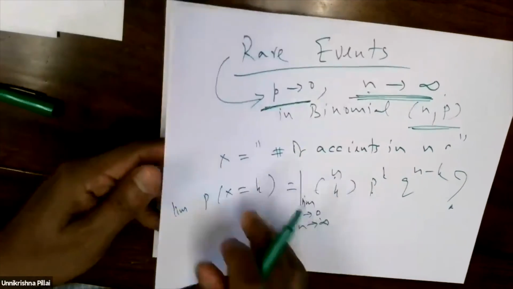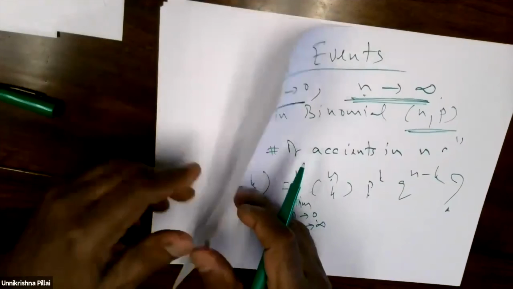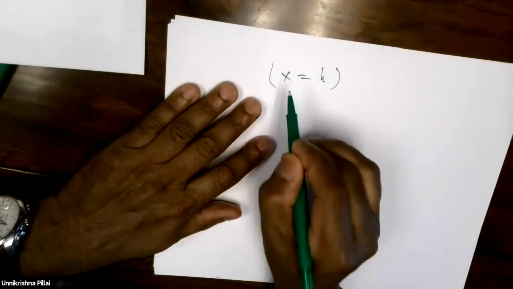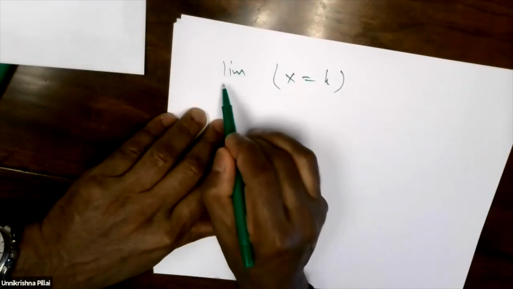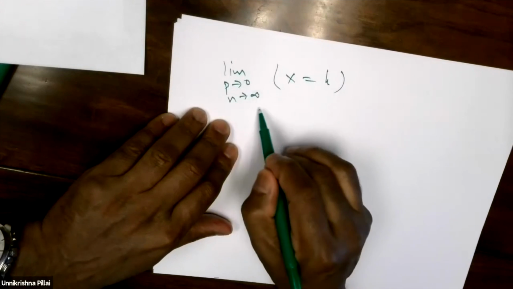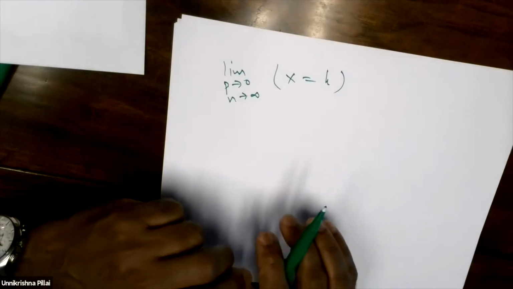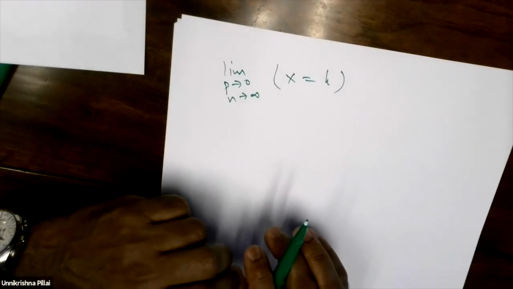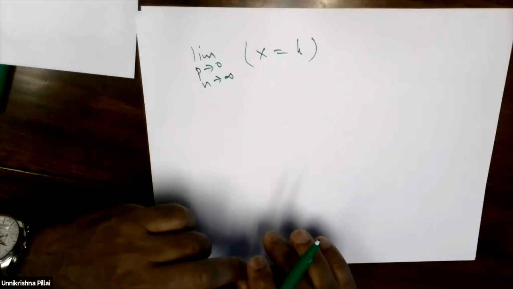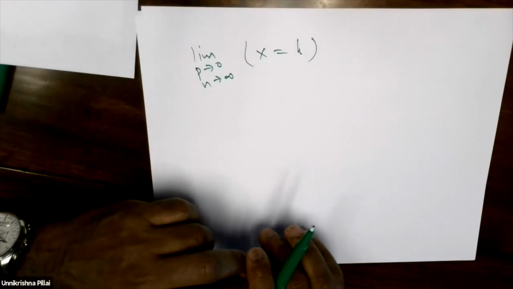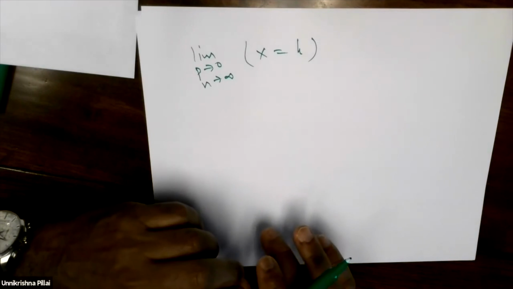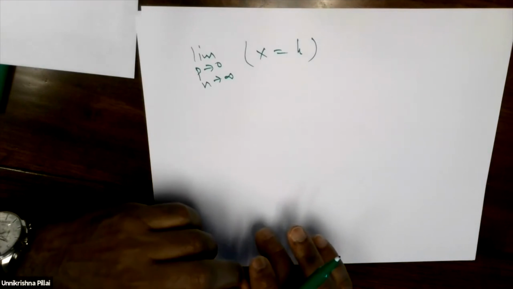So once again, x equal to k, but I want to consider this in the context of p going to 0 and n going to infinity. The probability of an accident happening is extremely small, but there are a large number of automobiles.